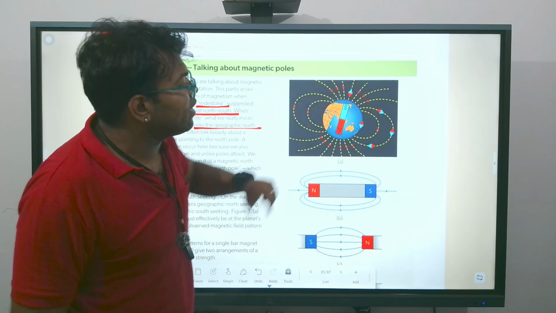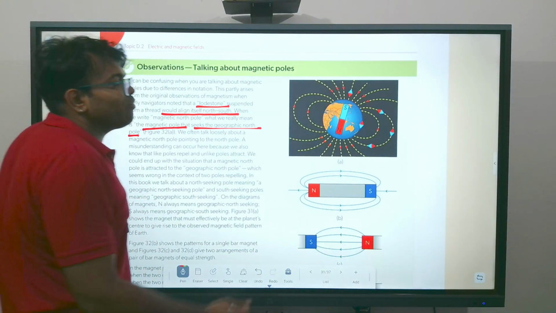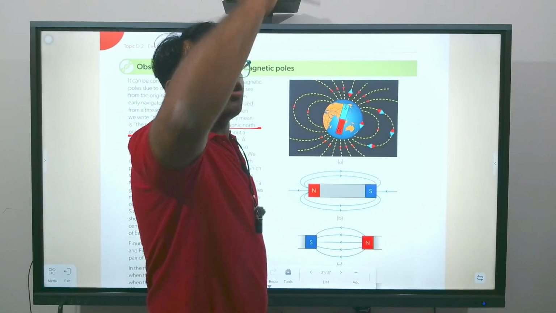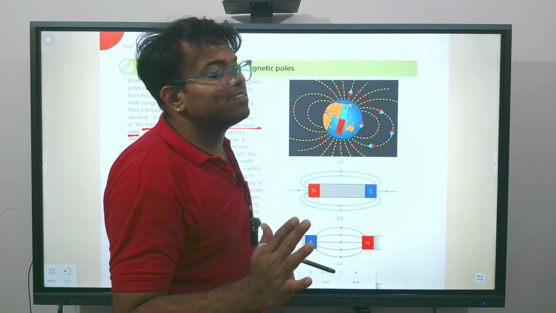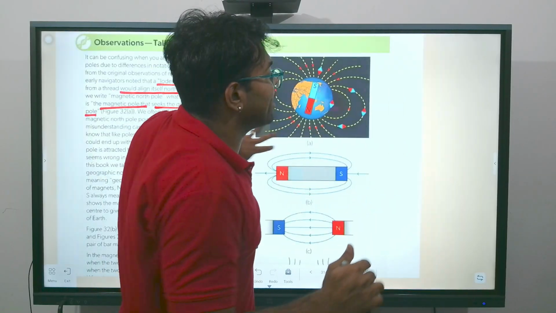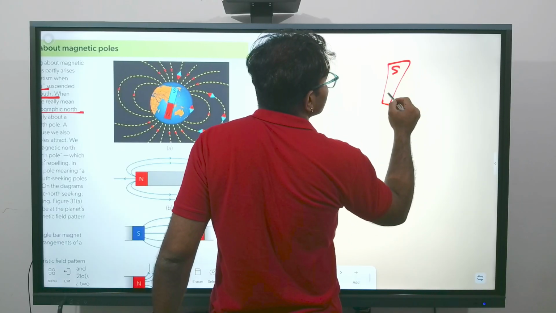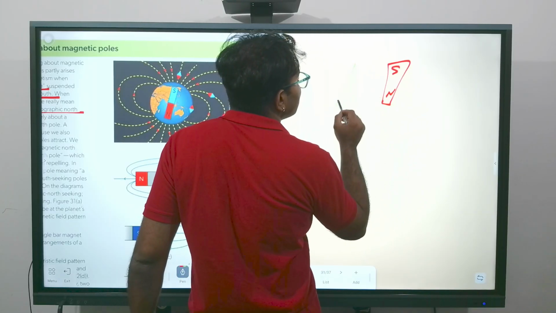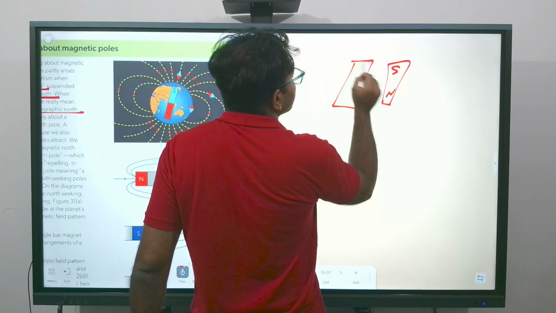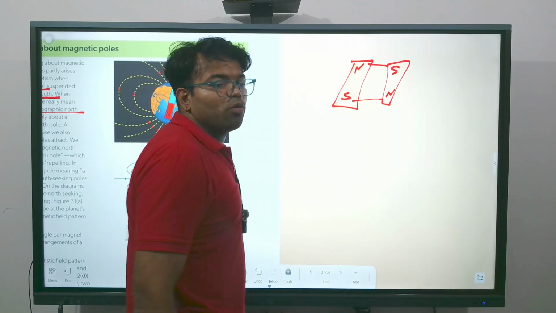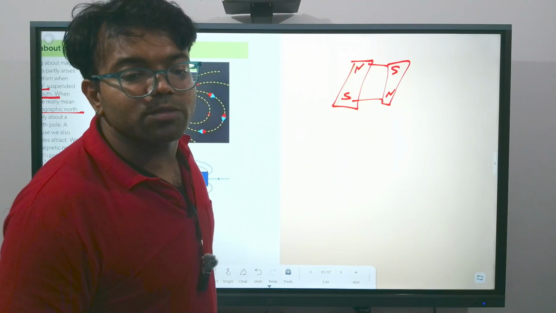This is the South Pole and this is the North Pole. That is the reason every single magnet would align itself in the north-south direction so that it gets attracted to each other. If you have a pole like this, south and north, another magnet would align itself as north and south, so the distance between the North Pole and the South Pole would be small enough.